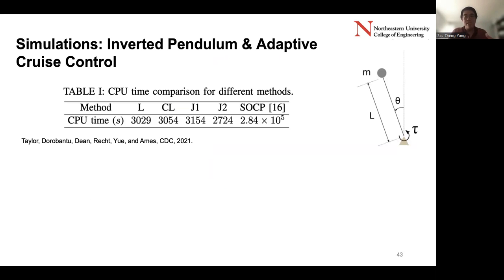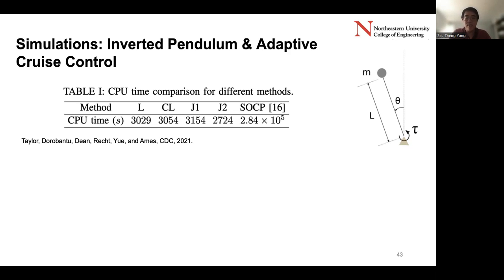So this is just to quickly jump to the example, where we applied this to a problem that was considered in a previous paper. Specifically, that paper ends up with an SOCP, a second order conic program, which usually takes a long time to solve.